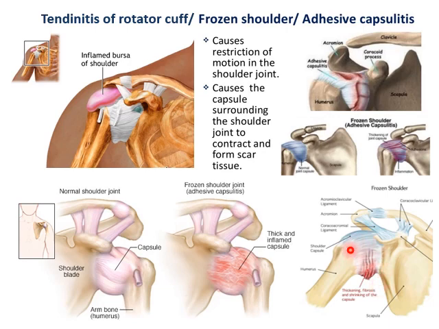So when there is fibrosis, that is thickening of the fibrous capsule, the laxity is lost and the movements are very much restricted at the shoulder joint.